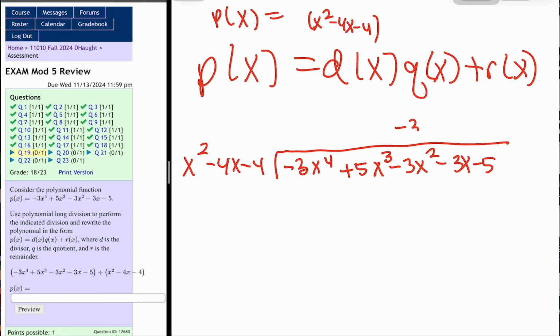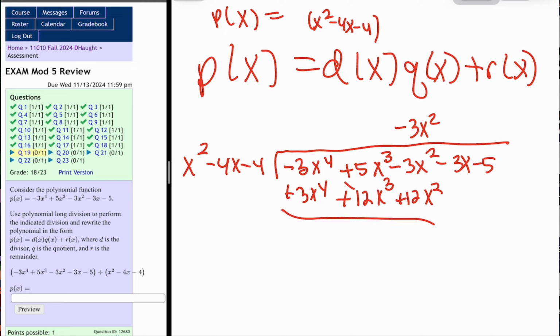That would be negative 3x squared. I'm going to distribute to all three terms. I get negative 3x to the fourth plus 12x cubed plus 12x squared. But I am subtracting, so I'm going to change the signs of all the pieces. I get negative 7x cubed minus 15x squared minus 3x minus 5.